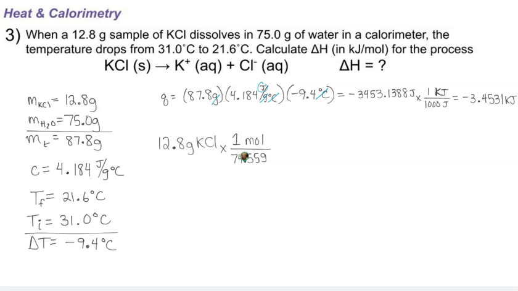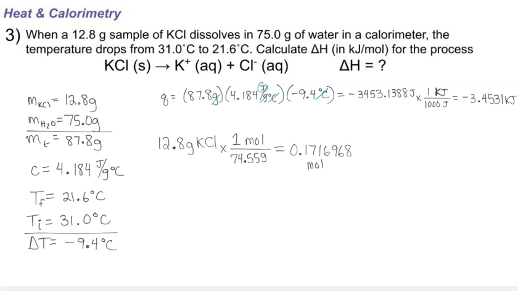You can add that up by just adding the mass of potassium to the mass of chlorine. So when we solve this, 12.8 divided by 74.55, that gets us 0.17166968. It's a big long decimal, but we do want to hold on to decimal places because this is not our final answer.